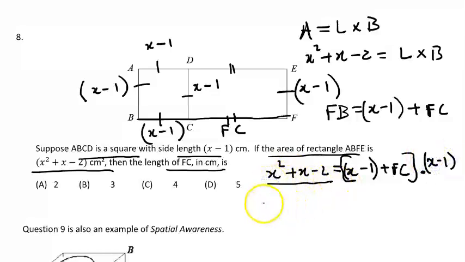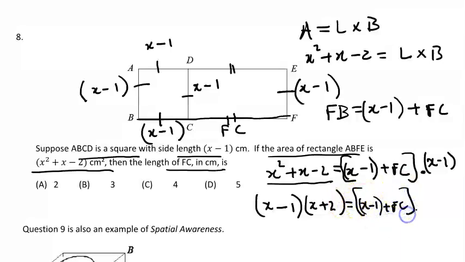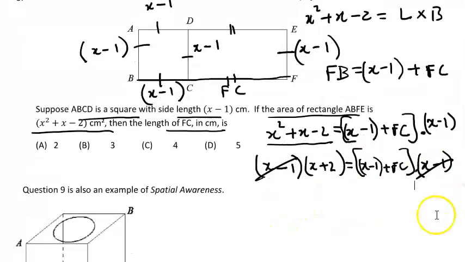If you factorize this, you'll get x and x, 2, 1 and 2, so there's a prime number there, so therefore we'll have plus there and minus there. Okay, so that will equal x minus 1 plus FC times x minus 1. So x minus 1 and x minus 1 cancel. So what are we left with? We are left with x plus 2.